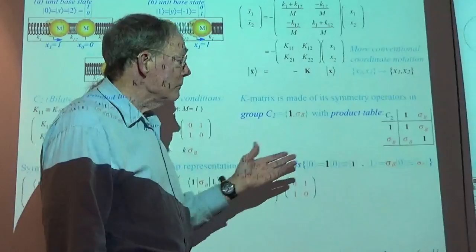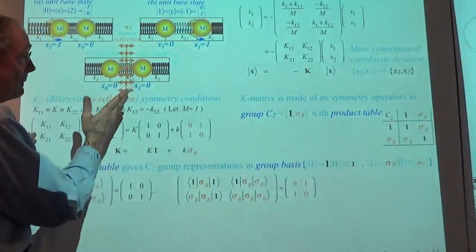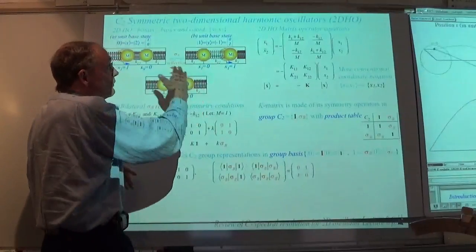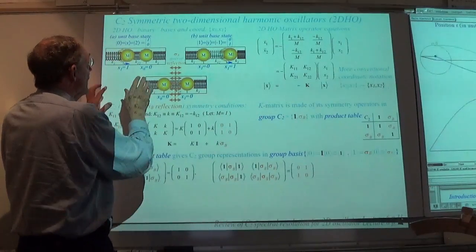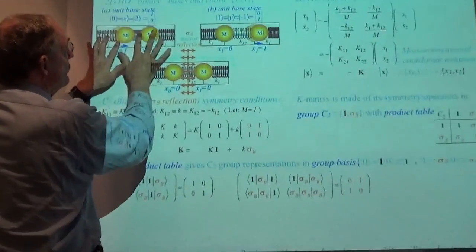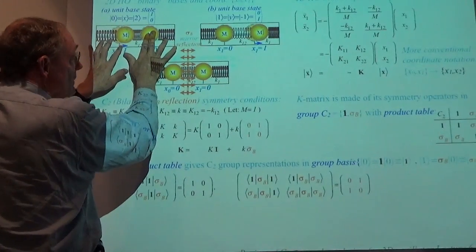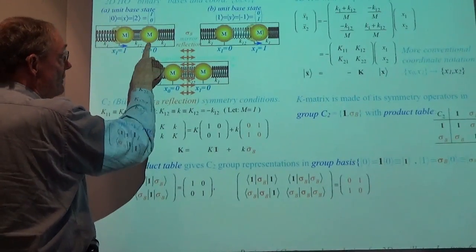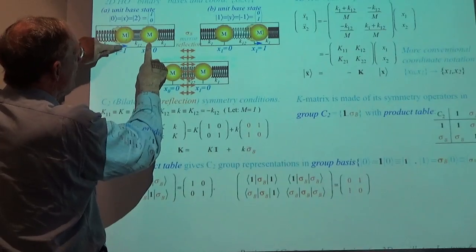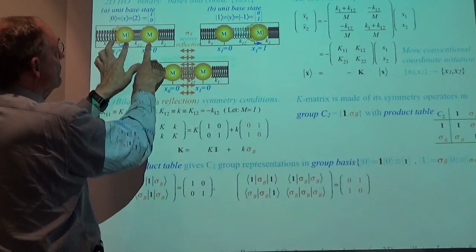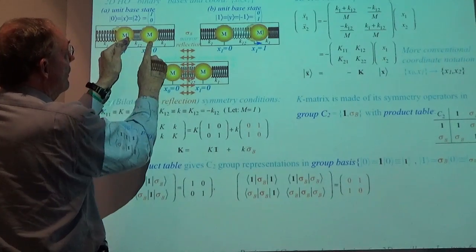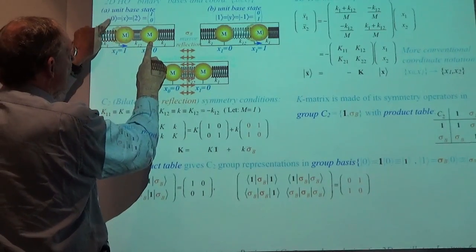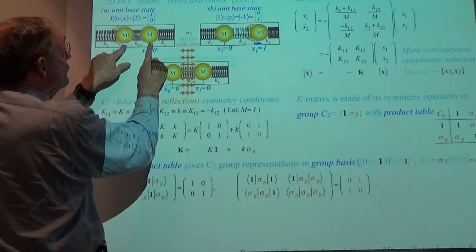Then, when I go to apply a symmetry operator to get another state, in this case there is only one more, and that's this one. So the idea is I imagine this state has this mass at the equilibrium position, which is its origin, and this one has moved a unit distance in a positive direction, which means it's pushing the spring in right there. So that's what this state means. It's a unit state in terms of motion.